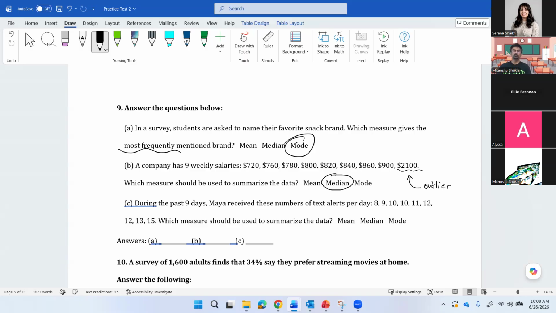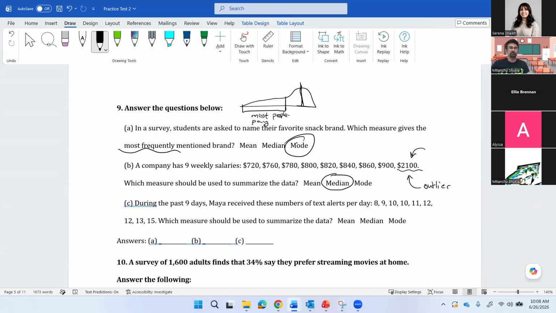right? So if I use the mean, this is going to say, like, oh, well, most of the people's salaries are here, but this guy is making bank, which is pushing the average to a higher extent.